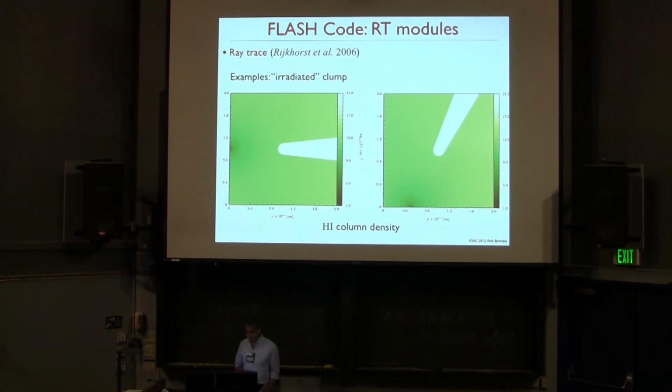including the coupling to ionization physics. And here are a few examples I want to flip through, namely, first of all, a clump which is irradiated, in this case, by two sources, here and here.